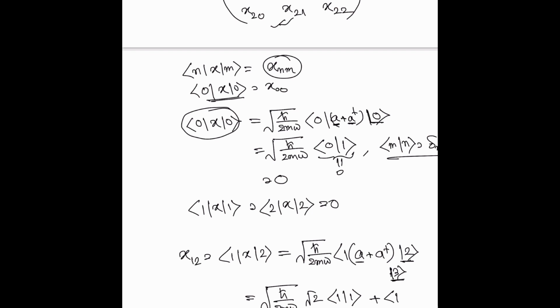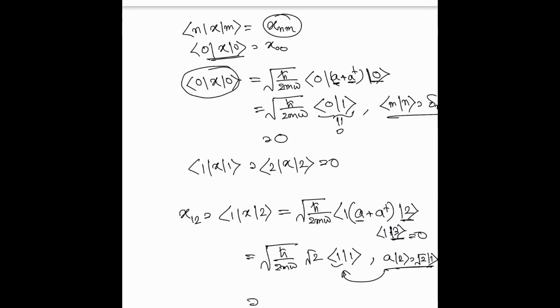Since 1 and 3 are not equal, this will give us just 0, so this term will not contribute. We will be left with only this term, because a acting on 2 is root 2 state 1, and that is what we applied here.